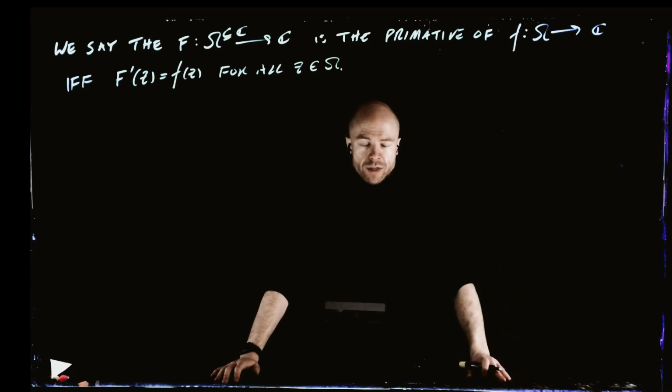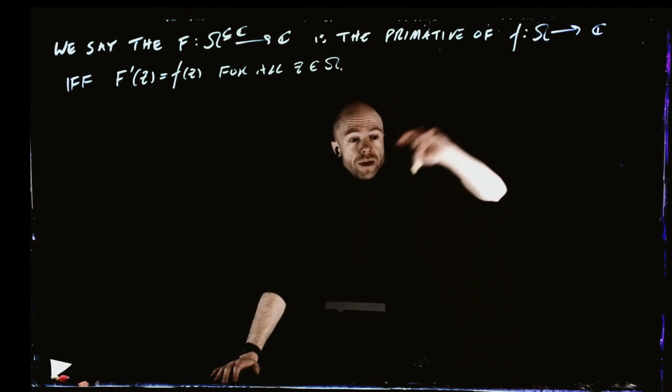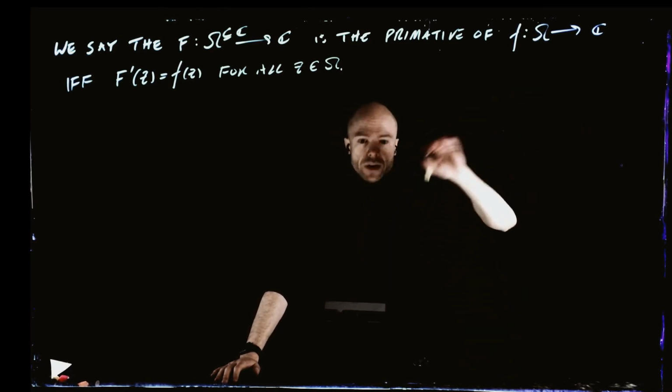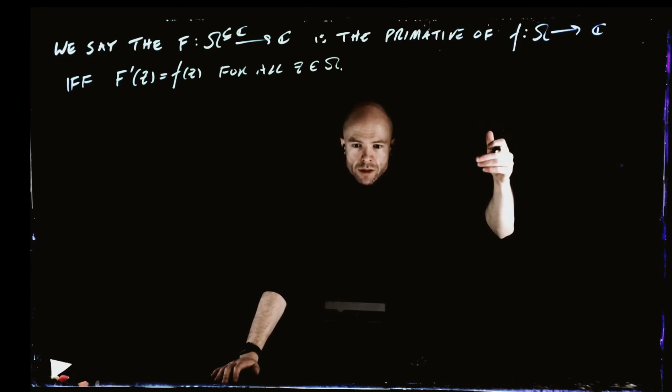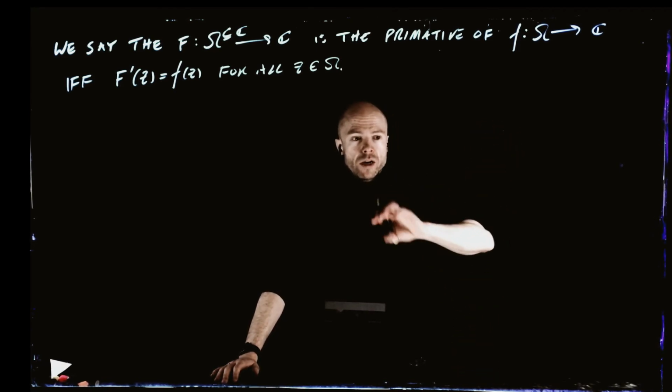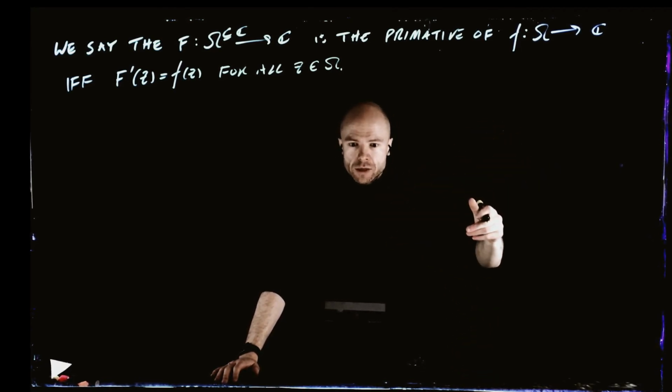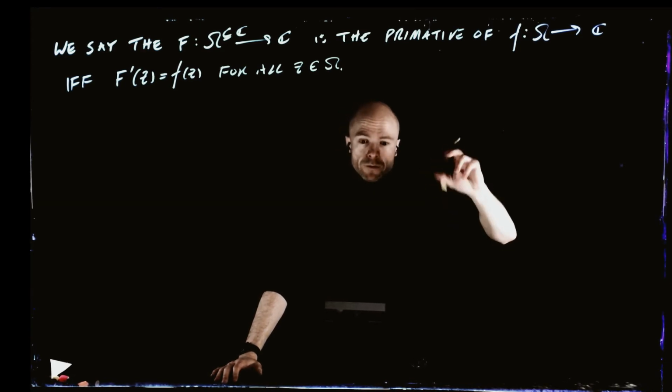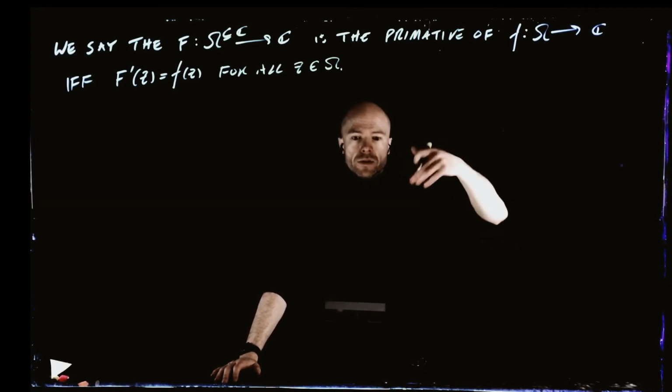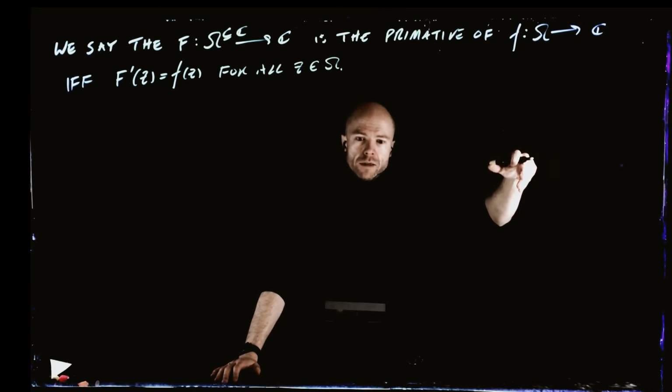We take the derivative of a 1-dimensional curve into R2, it's a vector. We take the derivative of a function from R2 to R2, it's a matrix.